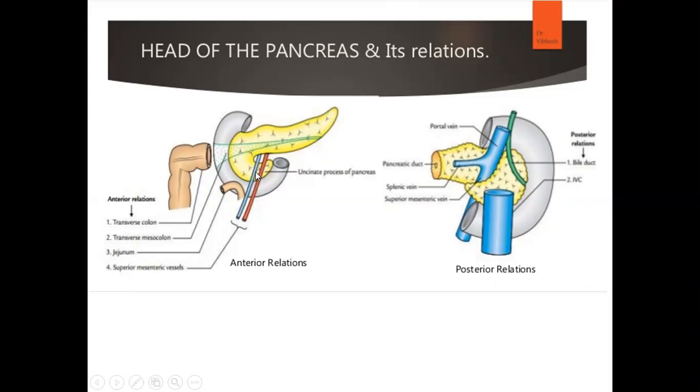And inferior pancreatico-duodenal artery. Right lateral border related with the second part of the duodenum, and anterior and posterior pancreatico-duodenal arterial arcades. Here, this is the location of the anterior and the posterior pancreatico-duodenal artery arcades.